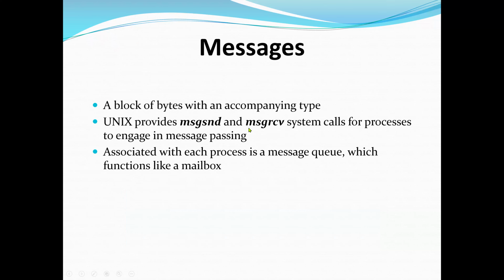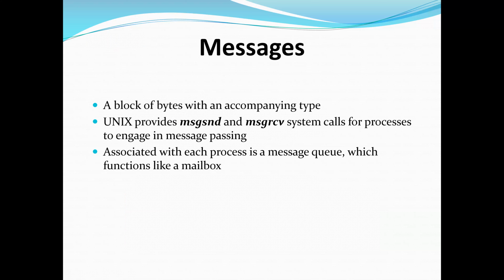A message is a block of bytes with an accompanying type. Normally UNIX provides message send and message receive, that is, msgsnd and msgrcv system calls, for processes to engage in message passing.